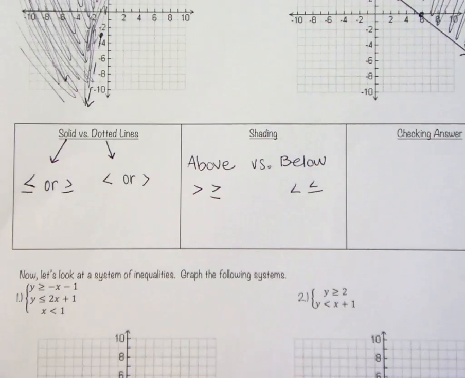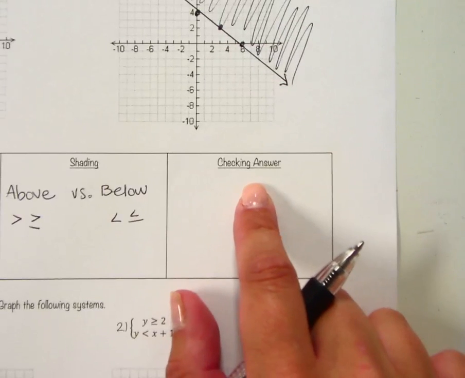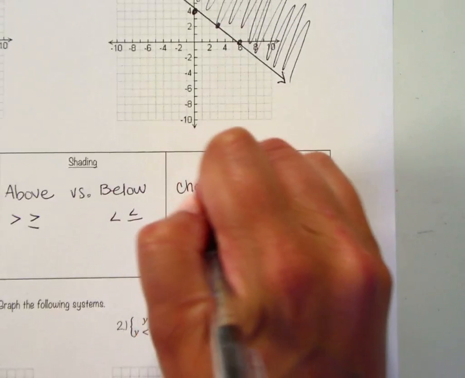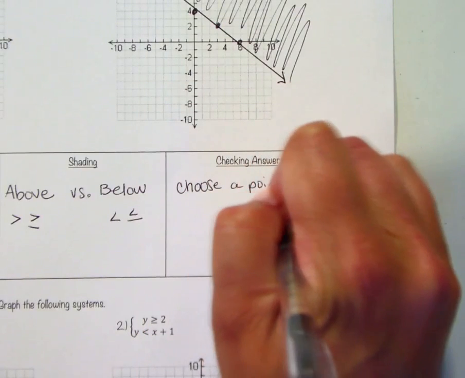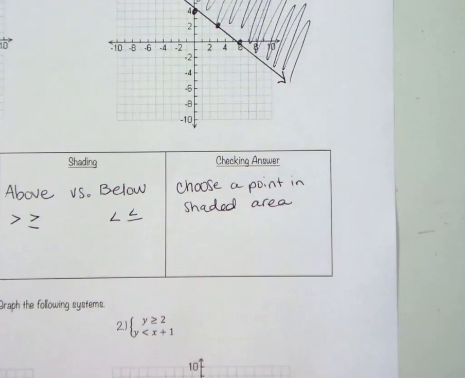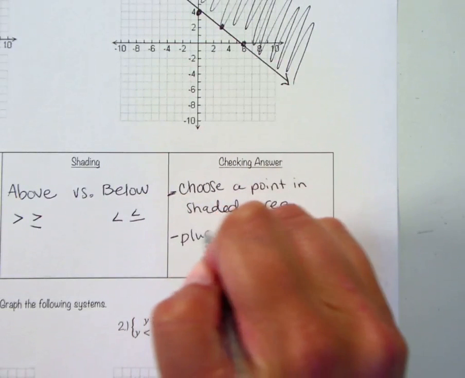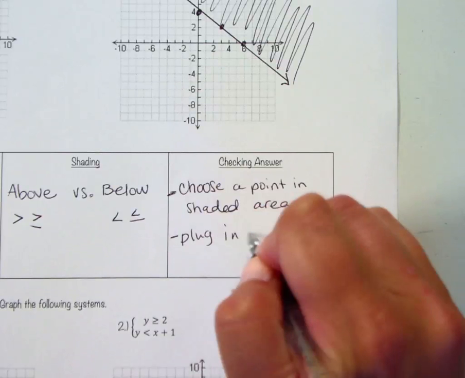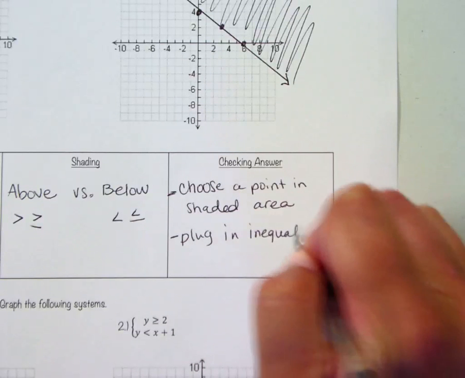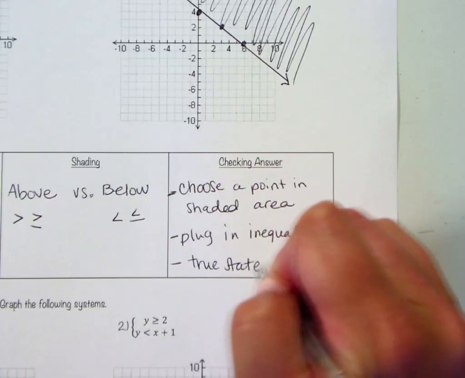If you are unsure whether you have shaded correctly, you can always check your answer. The way that you can check your answer is to choose a point in your shaded area, plug it into the inequality, and make sure you get a true statement.